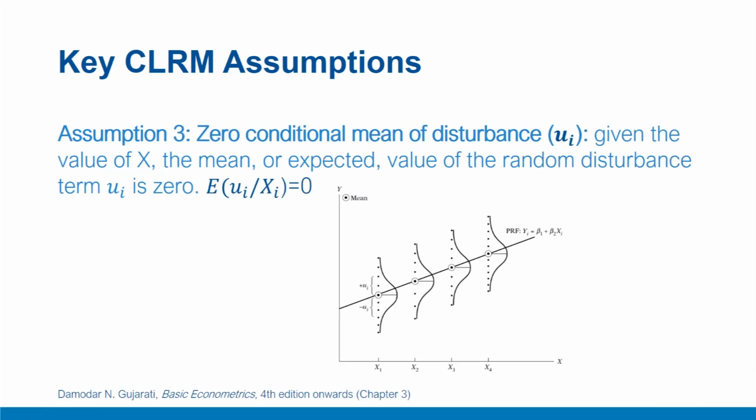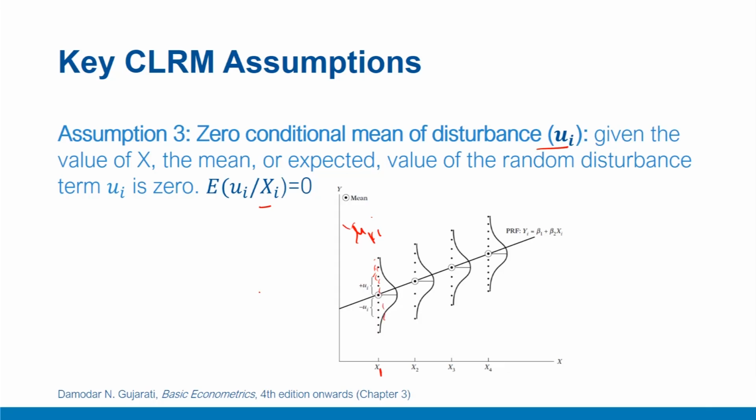Next, and a very important assumption, is the zero conditional mean of the disturbance term mu i, or the expected value of the disturbance term mu i, or error term, is zero conditioned upon each xi. For example, let's say we have an x1 variable corresponding to which there are a number of y's, and for all these y's, error terms mu i's would be estimated.